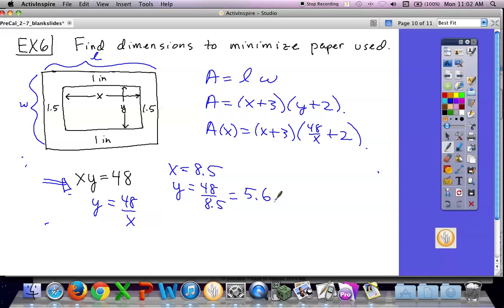Now, if they want to know what the dimensions of the page are, you would have to say X plus 3, which was the length. That was 11.5. And the width would have been Y plus 2, which is 7.6. Like I said, there's one homework problem that's pretty much the same, it's just different numbers.